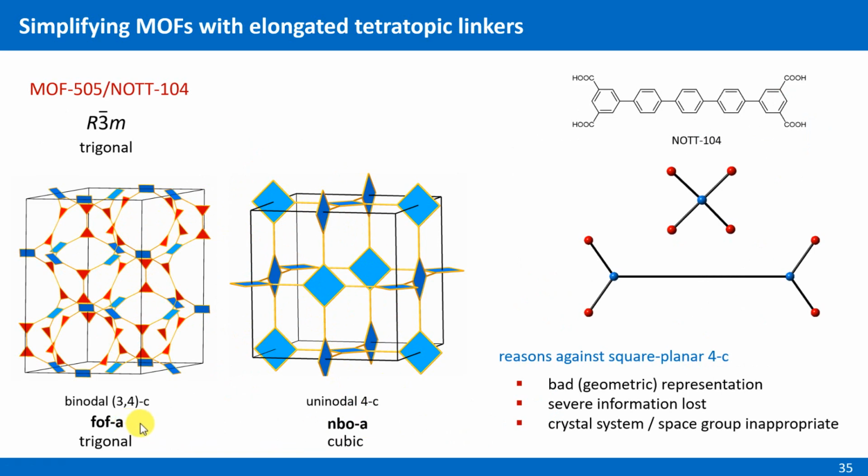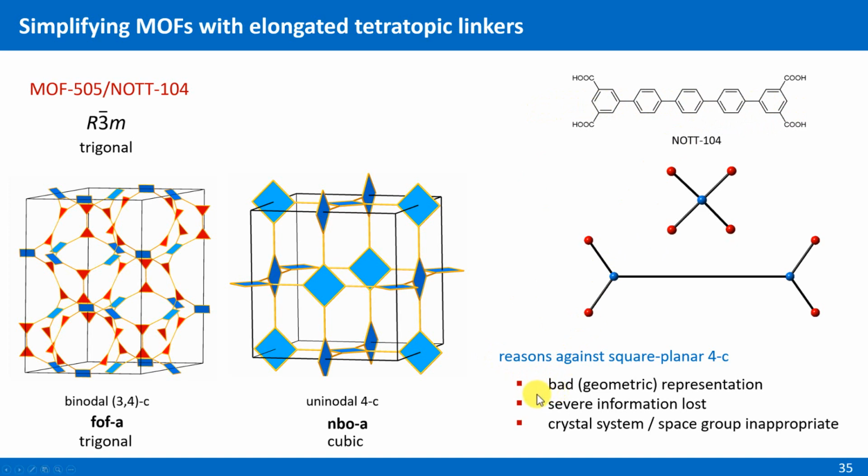As I said, it is not forbidden to take the linker as a tetratopic linker, but there are at least 3 reasons why we should consider the linker as two triangles and not as a square planar node. First, in particular, if you make the linker longer and longer, it is evident that a square planar representation is simply geometrically not appropriate.